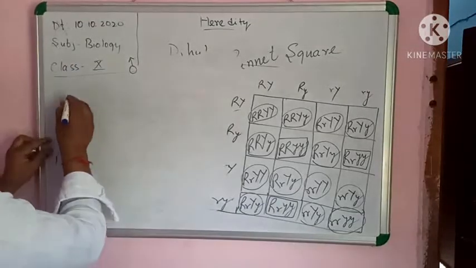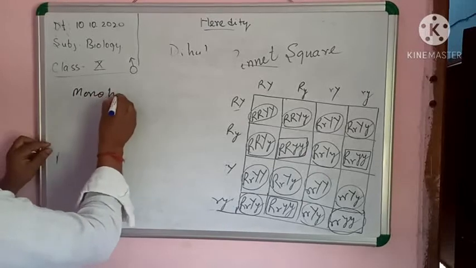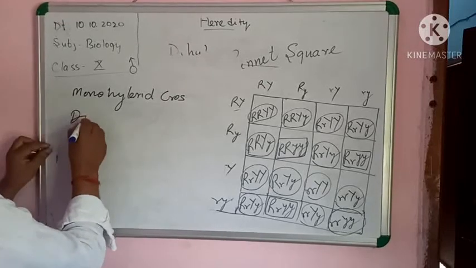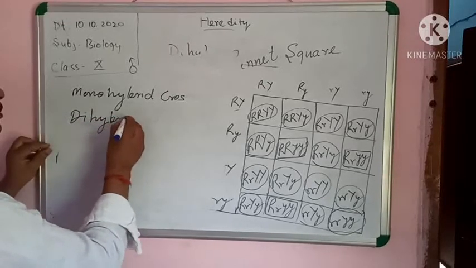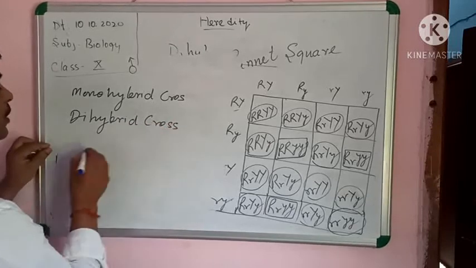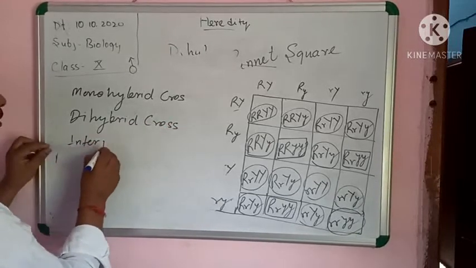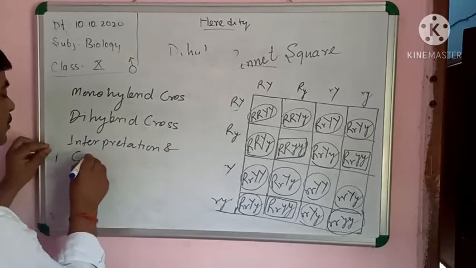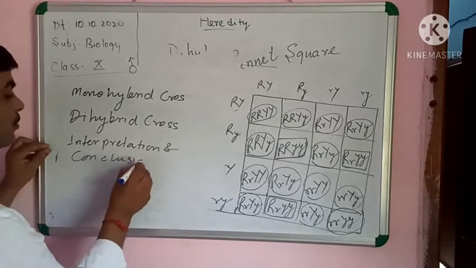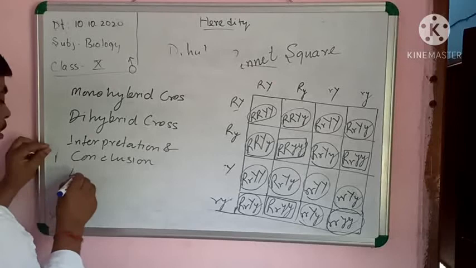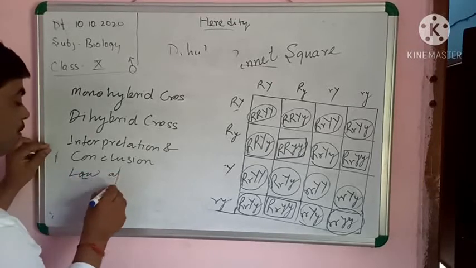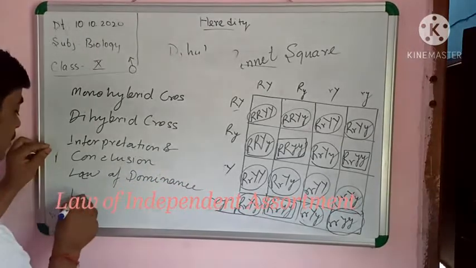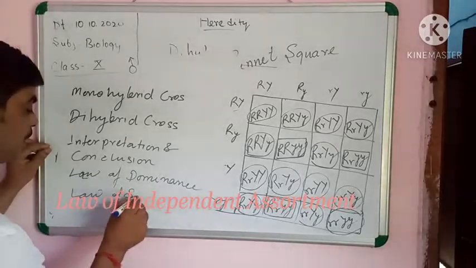Today what we discussed: monohybrid cross, dihybrid cross, interpretation and conclusion, and law of dominance and law of segregation.